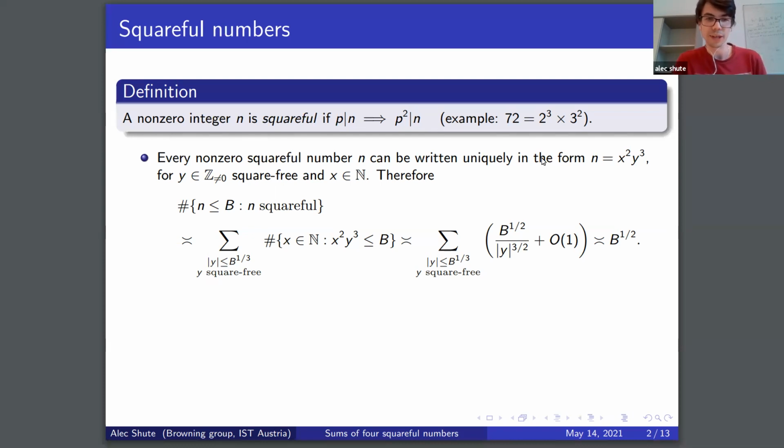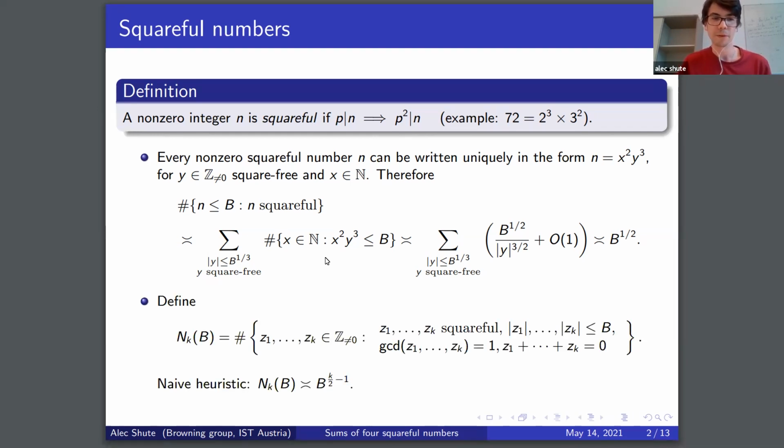To do this, we fix the y, and then we count the number of x's such that x squared times y cubed is bounded by b. Then we can take a sum over the y's, and we end up with a constant times b to the half. And if you did this more carefully, you could get an explicit Euler product for that constant.